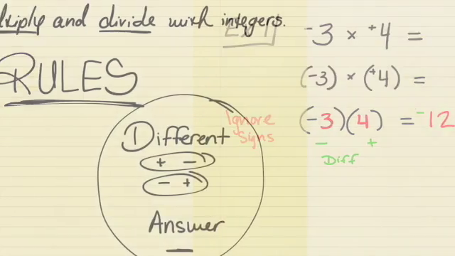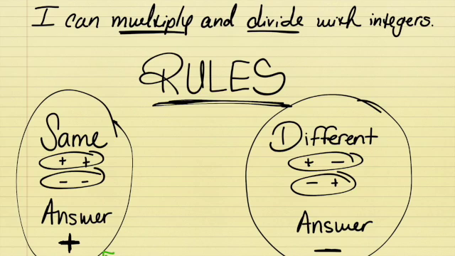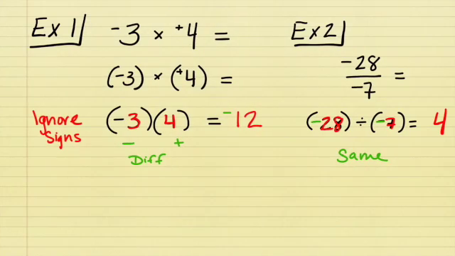And when we have two of the same signs, your answer is always going to be a positive. So we can write a positive 4 like that, or we can just write a regular 4 because we know that's also positive. You're getting the hang of it? Same signs, positive; different signs, answer is always going to be negative.